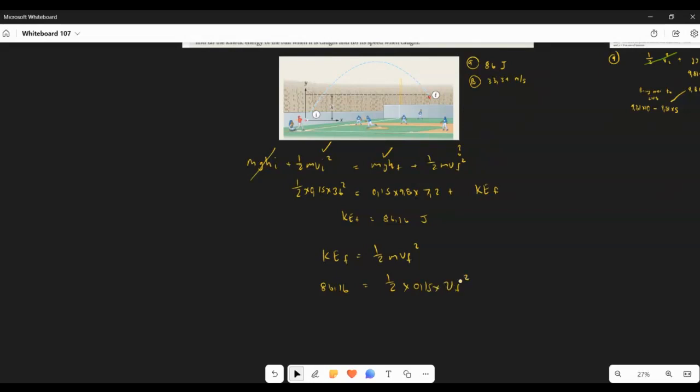So guys, what's important of this is to be able to identify where the body has potential energy and where the body has kinetic energy, set up the formula and see what your unknown is and then solve for that. That's very important here. And obviously understanding what they're looking for.